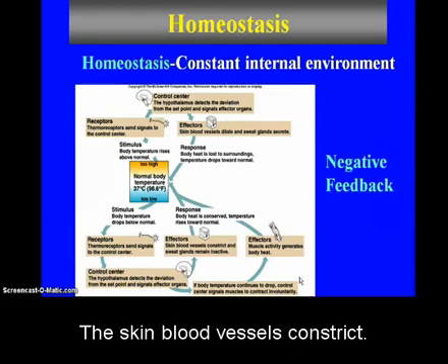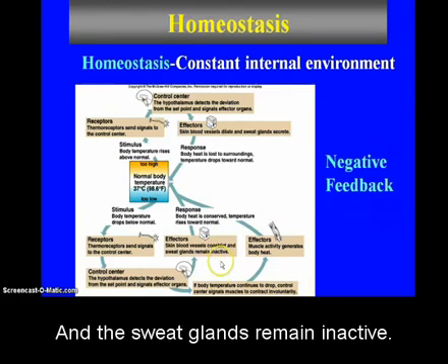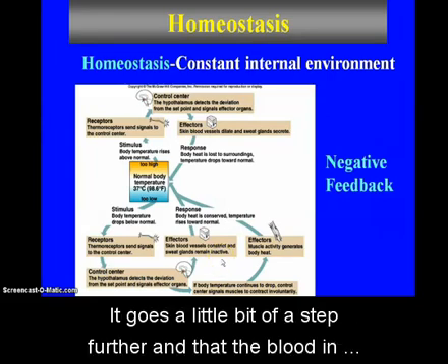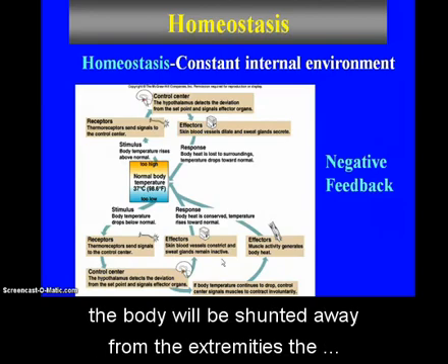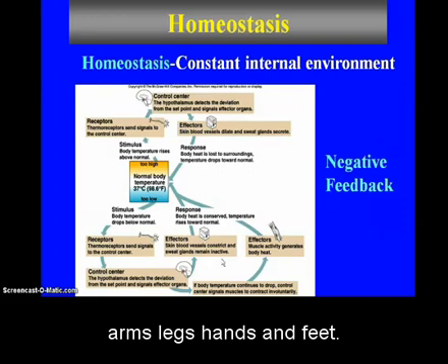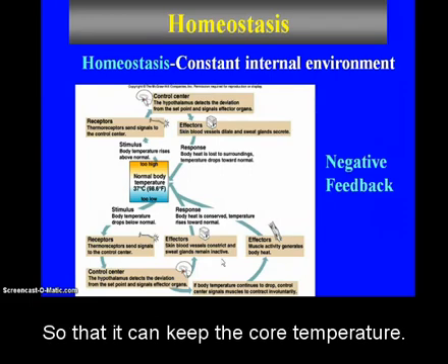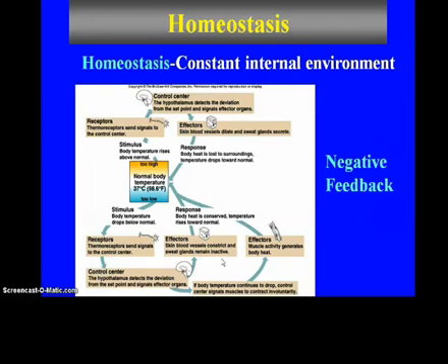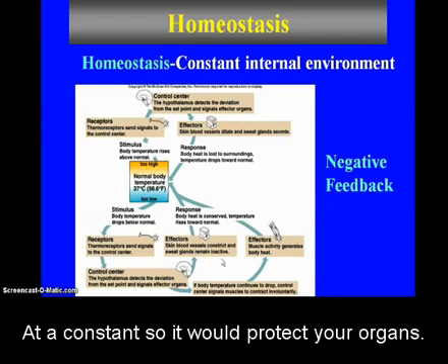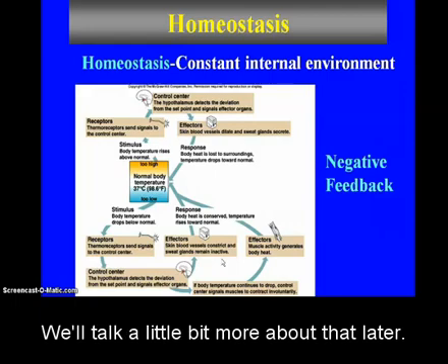The skin blood vessels constrict, and the sweat glands remain inactive. It goes a little bit of a step further in that the blood in the body will be shunted away from the extremities, the arms, legs, hands, and feet, so that it can keep the core temperature constant, so it would protect your organs. We'll talk a little bit more about that later.